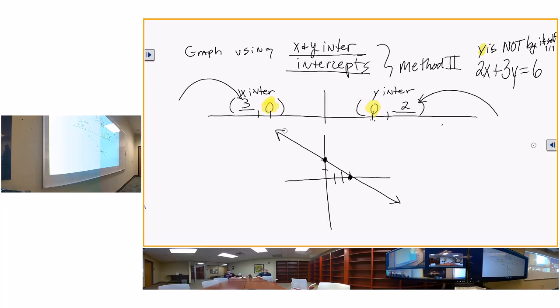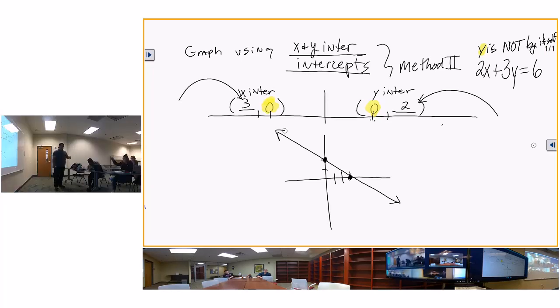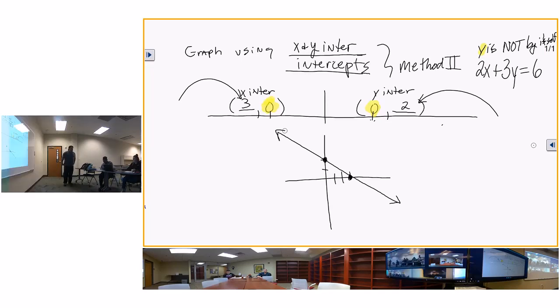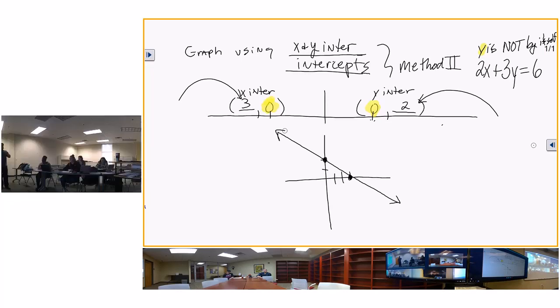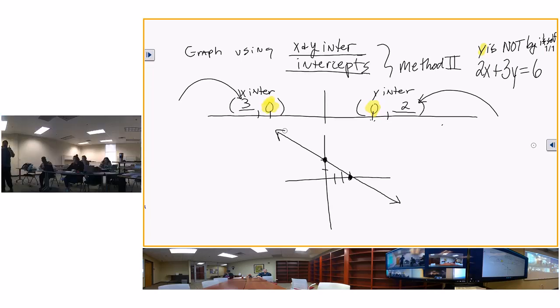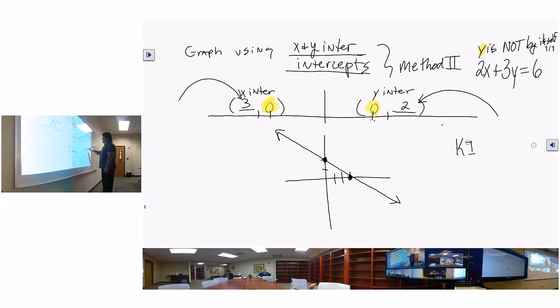Plug it back in. Pick a point, and I'm going to pick. What number do you think I'm going to pick to check? Not 0, I've already used 0. Why am I going to use 1? Keep it simple.